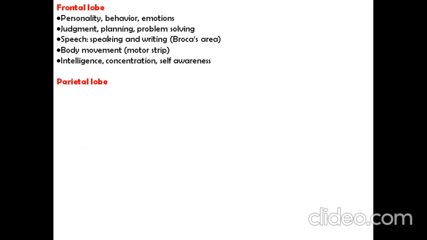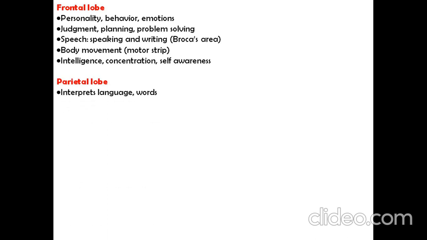The frontal lobe is responsible for personality, behavior, emotions, judgment, planning, problem solving, speaking and writing, which is Broca's area, body movement, which is the motor strip, intelligence, concentration and self-awareness.